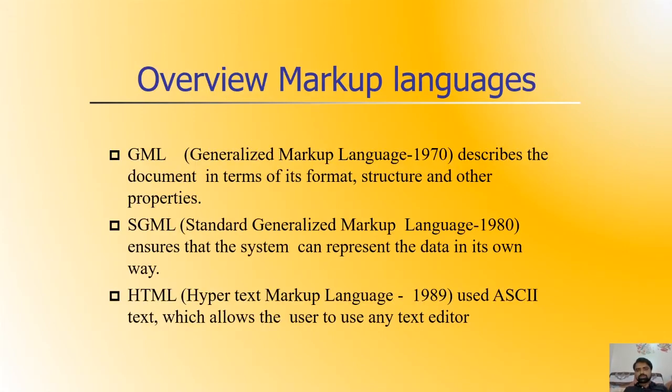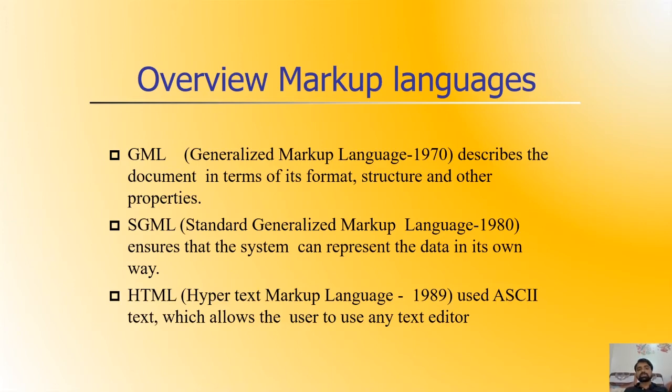Based on this, we have different types of markup languages. GML, that is generalized markup language, designed in 1970, which describes the document in terms of its format, structure, and other properties.